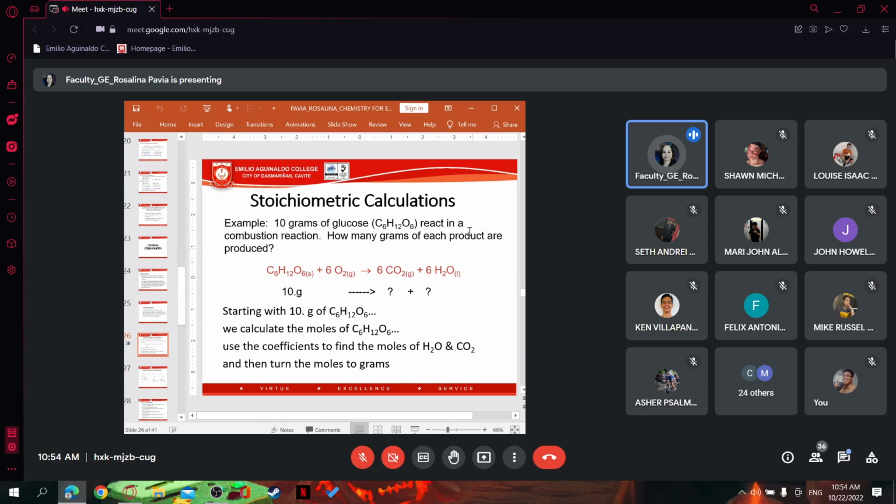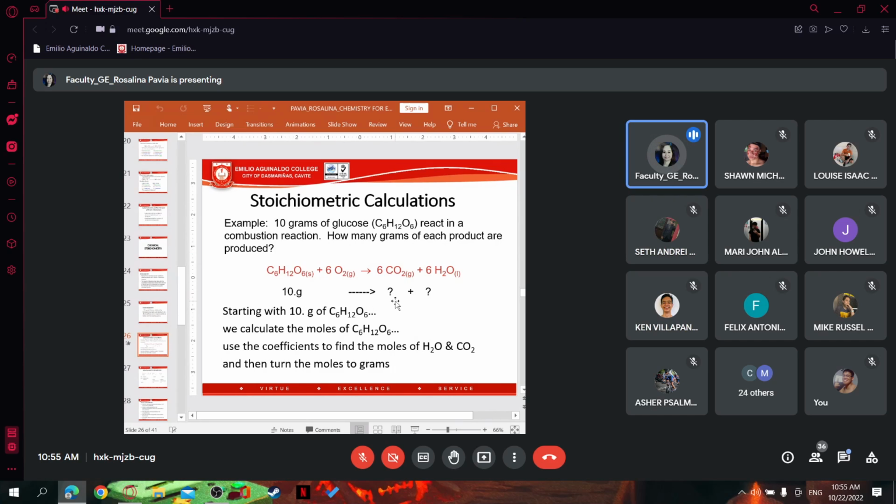Okay, I will no longer present to you this one. This is an example wherein 10 grams of glucose react in a combustion reaction. How many grams of each product are produced? So if you are given 10 grams and then you are asked how much carbon dioxide or water are produced, you have to determine first the number of moles of glucose.